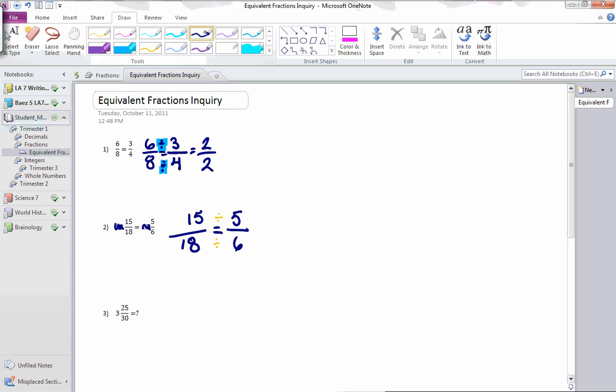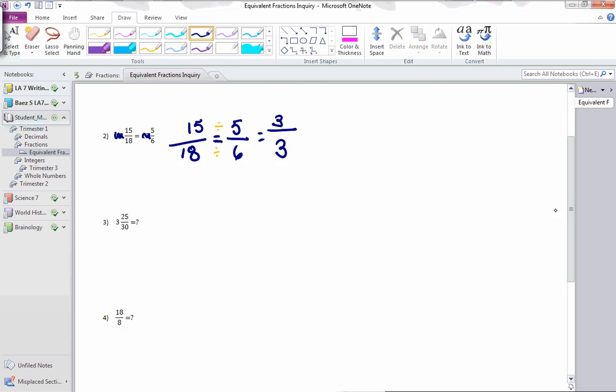So 15 divided by 5 is 3. And 18 divided by 6 is 3. And you would know this just because it's easier and they're multiplication tables. So that would be 3 over 3, which you'd get your answer.